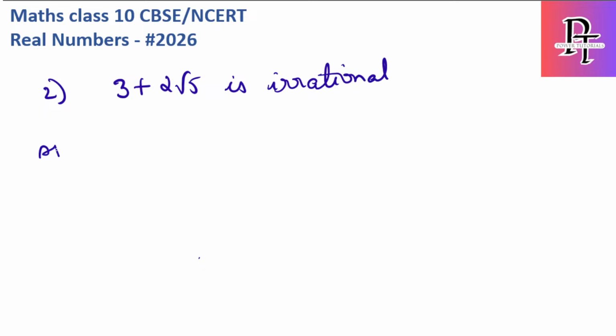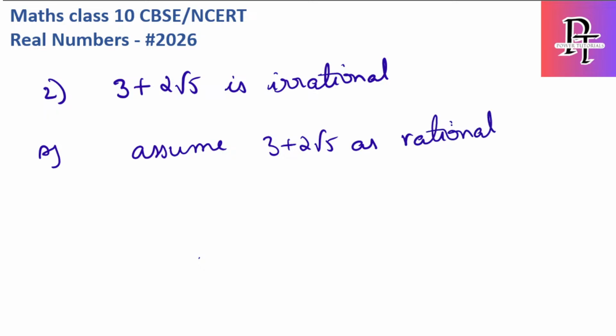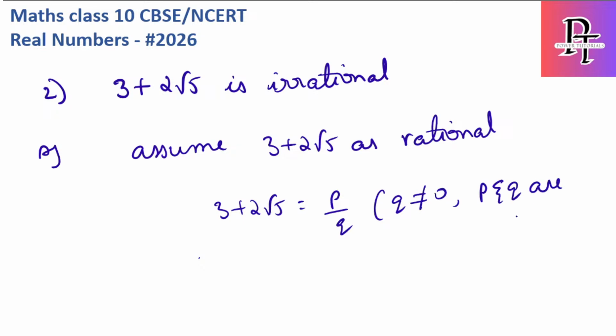So same method, starting, assume 3 plus 2 root 5 as rational. So this becomes 3 plus 2 root 5 equal to p by q, where q not equal to 0 comma p and q are coprimes.